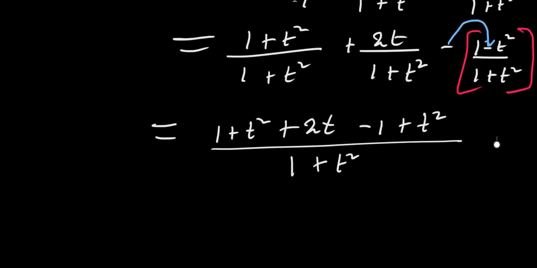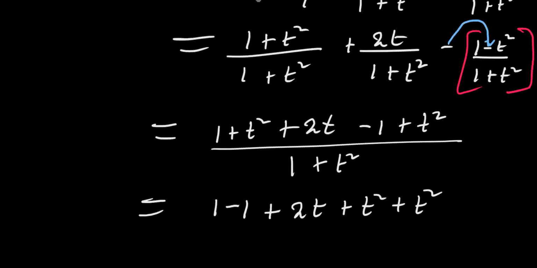So from what we have, plus 1 minus 1 plus 2t plus t squared plus t squared over 1 plus t squared.